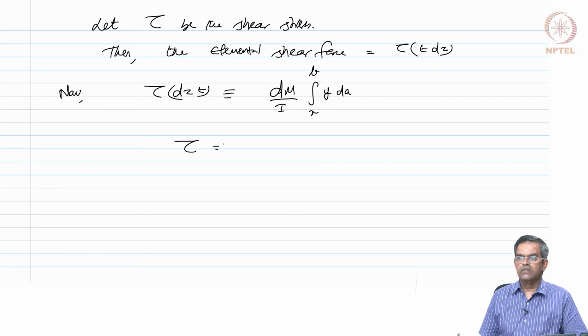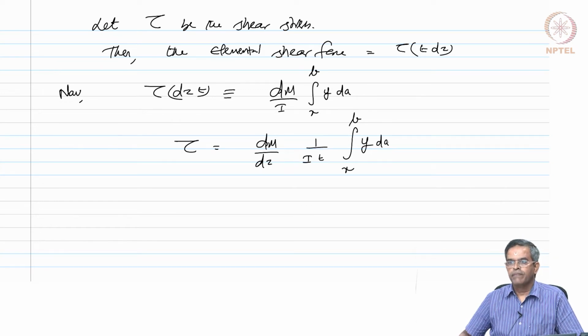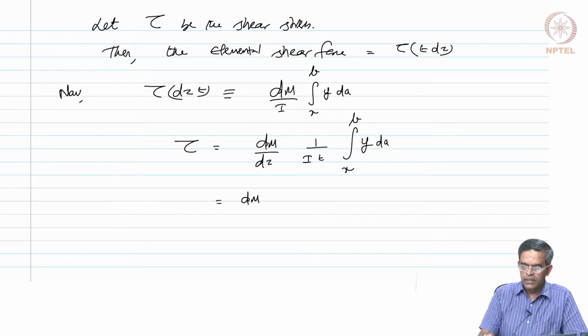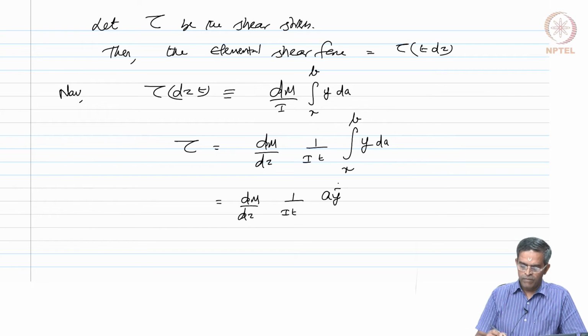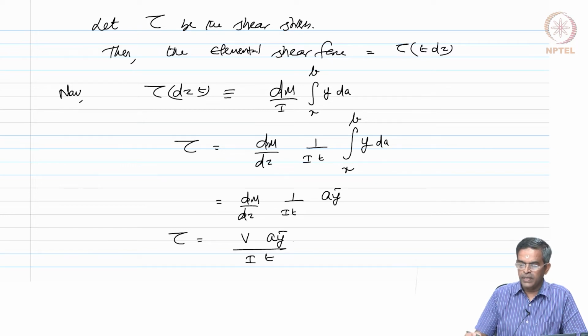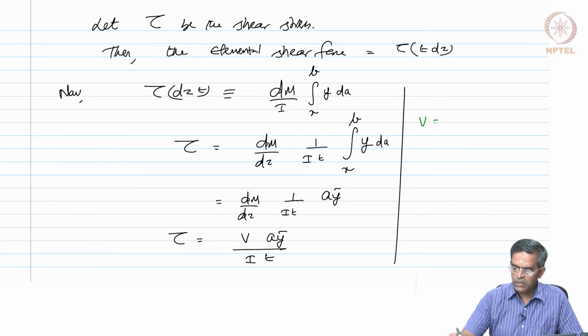So now I can say the shear stress is going to be dM by dz, 1 by It, integral x to b y dA, which can be dM by dz, 1 by It, A y bar, because the integral of y dA is A y bar, whereas tau is now going to be V A y bar by It, where V is the total shear at the section.